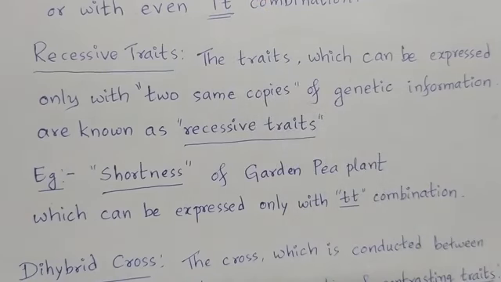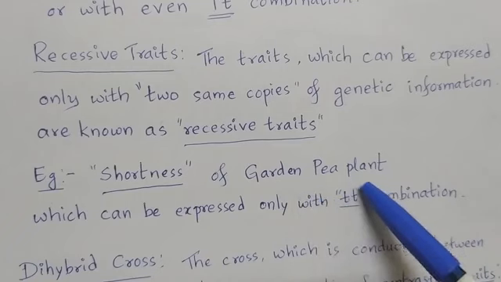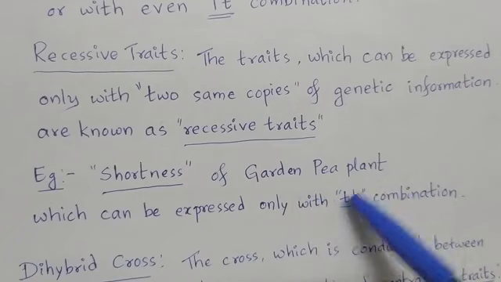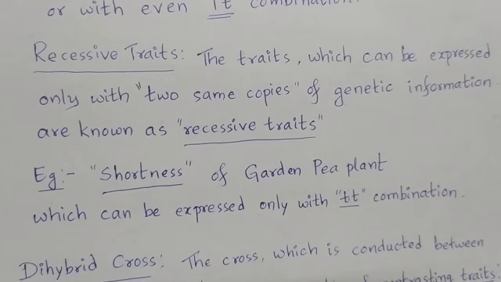Hence, for shortness trait expression, a single copy of genetic information is not enough. Both copies should have the same shortness genetic information. Then only it will be expressed. Right? Okay. So, the shortness trait is expressed only with the small t combination. That's why it is a recessive trait.